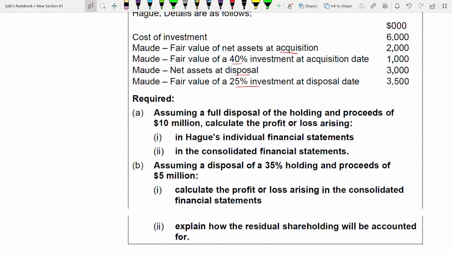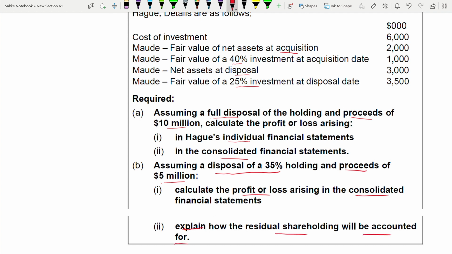In part A, assuming a full disposal with proceeds of 10 million, you have to calculate profit and loss for individual and consolidated. B, assuming a disposal of 35% with sale proceeds of 5 million, what is the profit and loss in the consolidated? All these are calculations except the last one: explain how the residual shareholding will be accounted for.